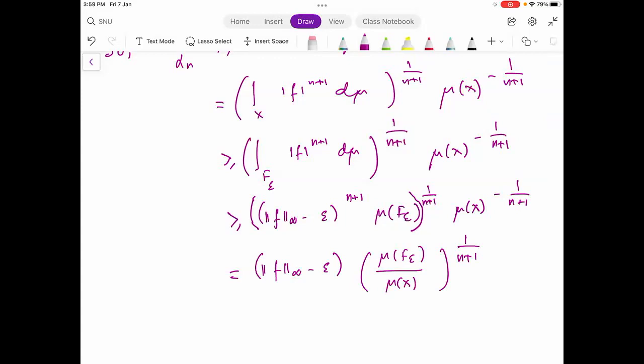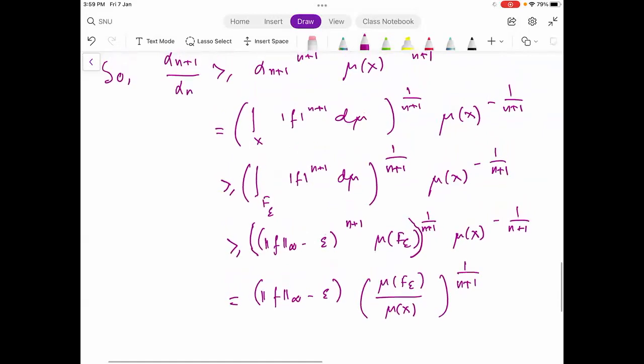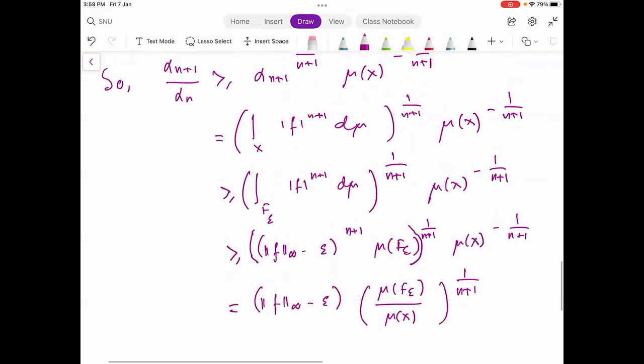Mu f epsilon is positive, so this quotient is not 0. So finally, this is the calculation I did. Alpha n plus 1 by alpha n is greater than or equal to norm f minus epsilon times that.